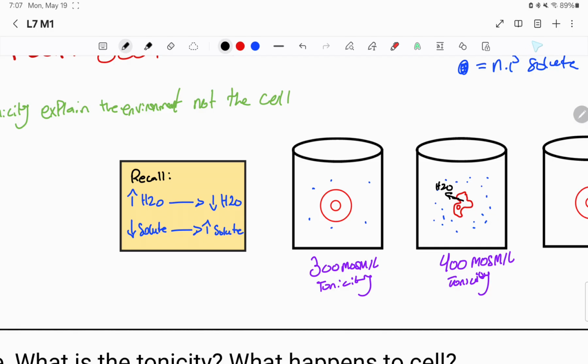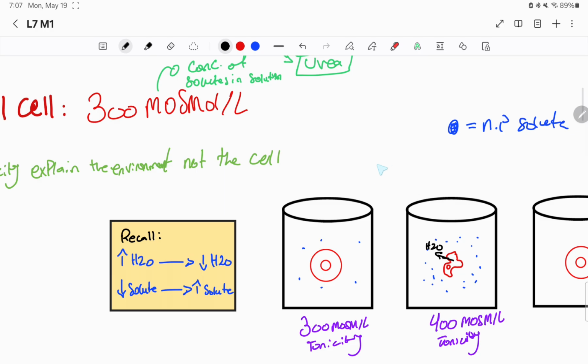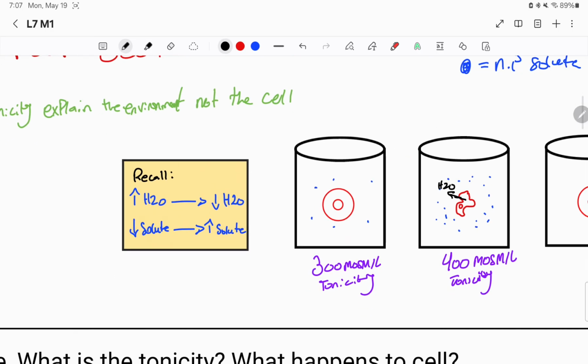It's kind of like a balloon. When you're filling a balloon up with air, it balloons out. But as soon as you suck the air out, what happens to that balloon? The balloon starts to shrivel up. That's a very similar concept.